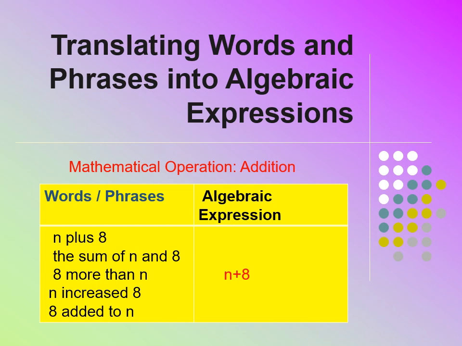Let's say we have the algebraic expression n plus 8. We can rewrite n plus 8 using these words and phrases: the sum of n and 8, 8 more than n, n increased by 8, and 8 added to n.